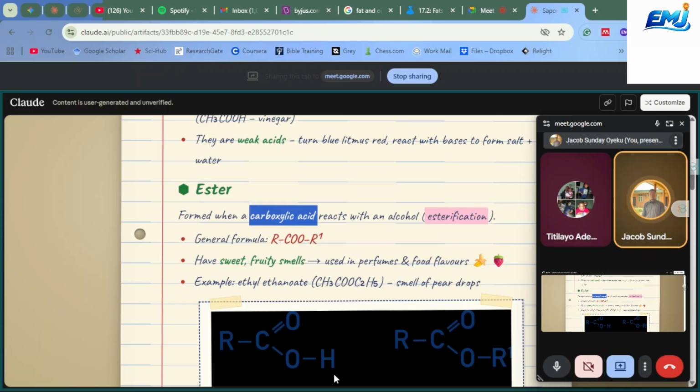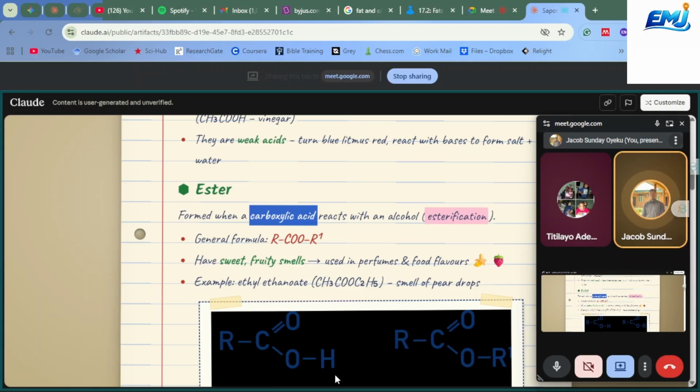So the change that you will see is that instead of the H, the hydrogen in carboxylic acid COOH, what I have here is another alkyl group. So instead of hydrogen, you will be having an alkyl group.